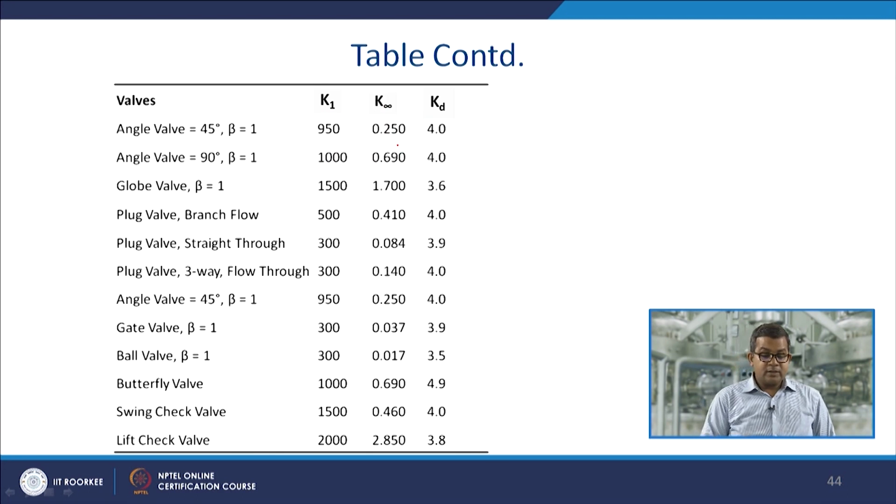Now in this slide we have the different valves like angle valve, globe valve, plug valve, gate valve, ball valve, butterfly valve, swing valve, lift check valve, and the values of K1, K infinity and KD. So in this module we have discussed different aspects of the source model, especially applicable for liquid and liquid systems.